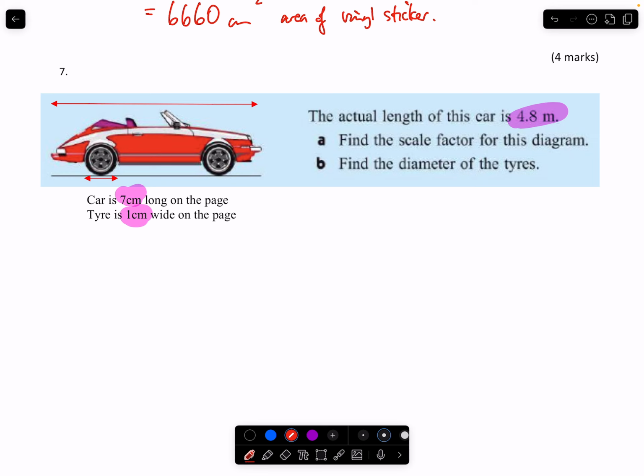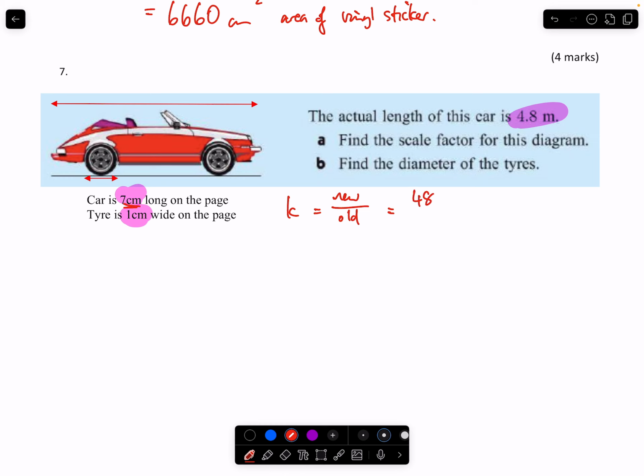So we're using that formula again for K. K is equal to new over old. So the actual length of the car is 4.8 meters, but we need to deal with centimeters.